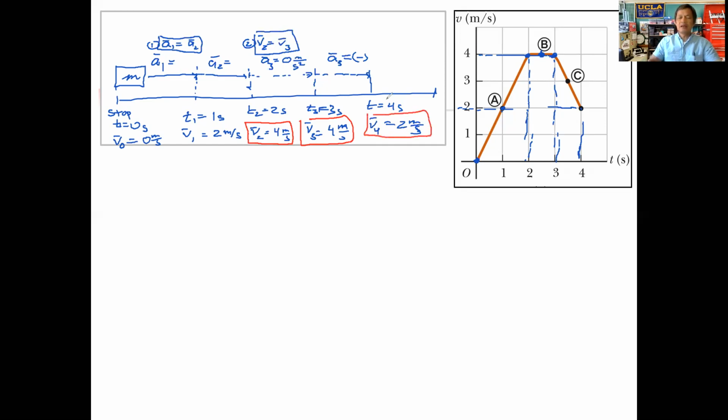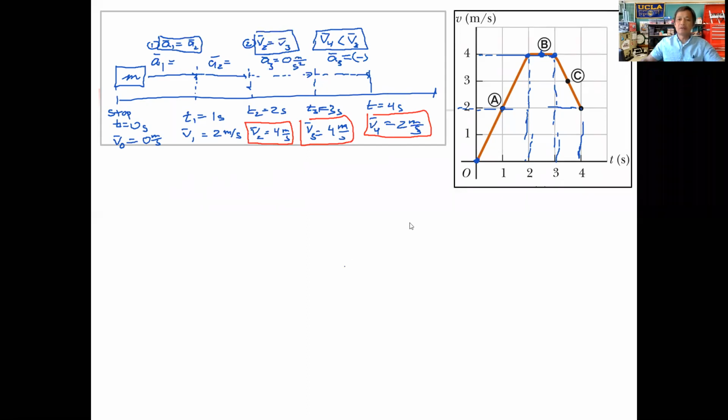V final, which is V4, is going to be less than V3, which means V final is less than V initial. That gives us a negative acceleration when we calculate for it.